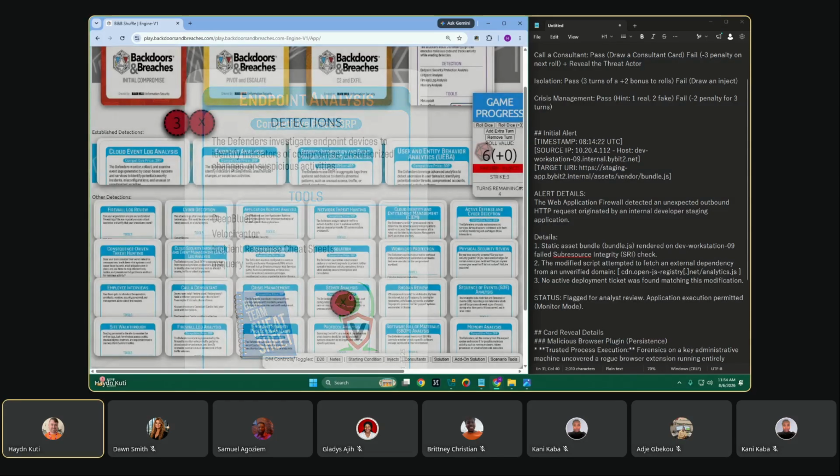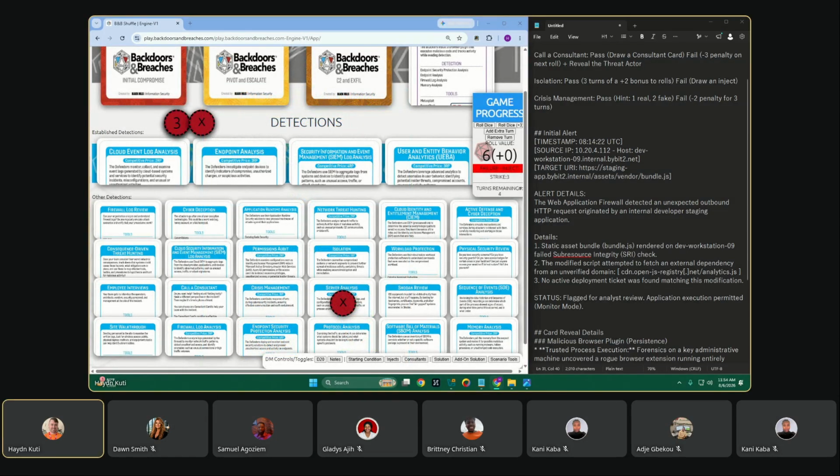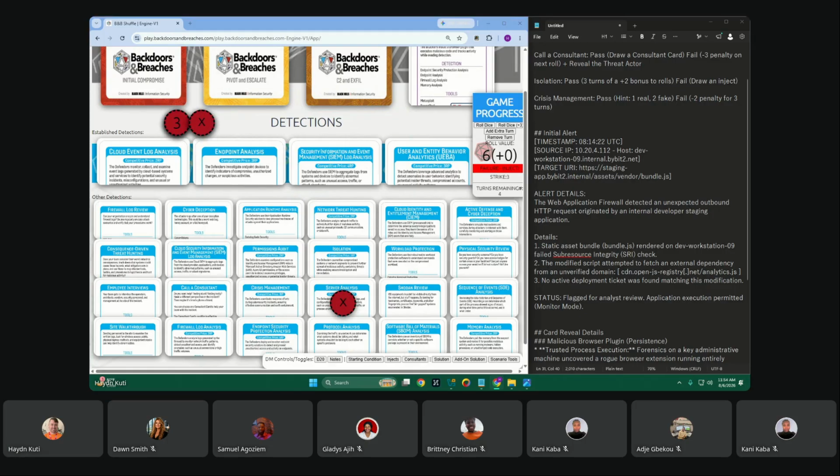So let's take a little vote then. Seems like those are the two that we're thinking. It's in the chat. Just let us know. Okay, we got endpoint analysis.